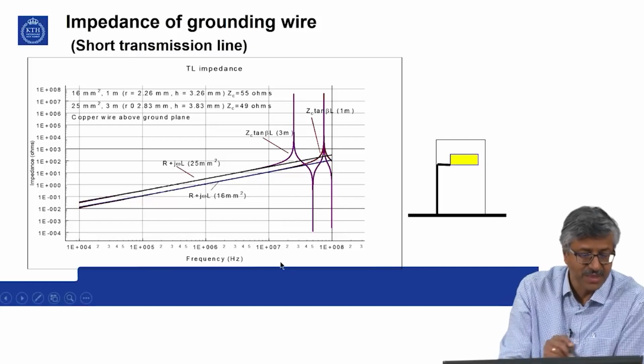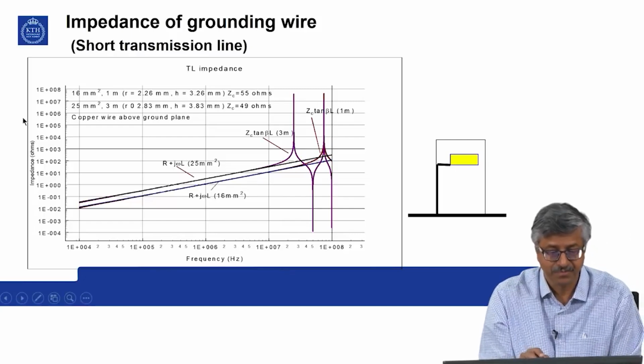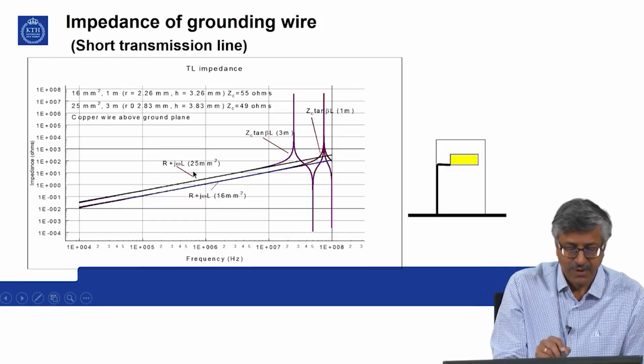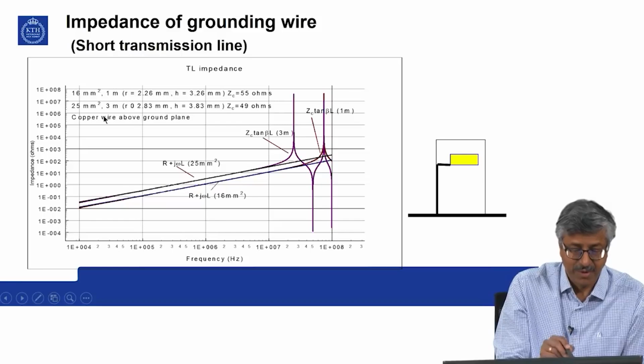So, this is frequency and this is internal impedance. You calculate R plus j omega L for the 25 millimeter square 3 meter wire.